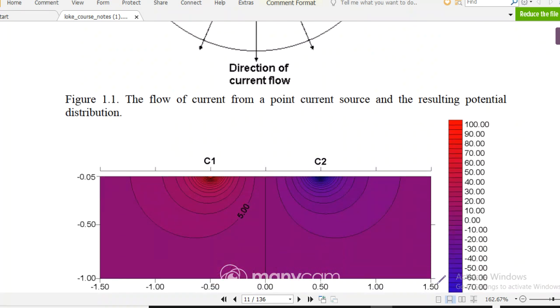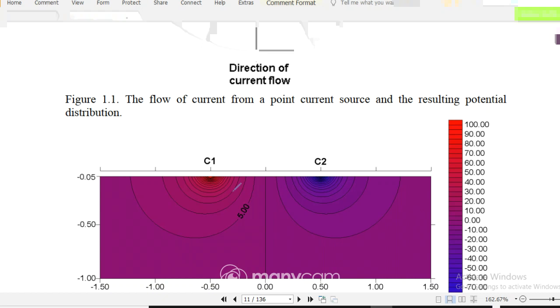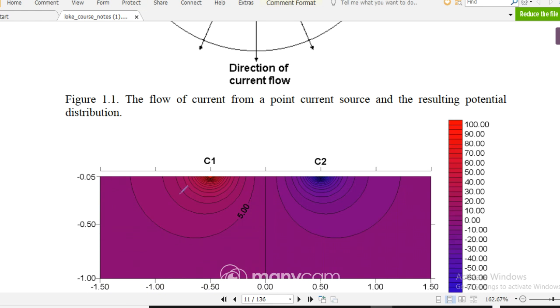But if you use two electrodes, C1 and C2, there is a stretching of the potential, and the distribution of the equipotential surfaces is changed.